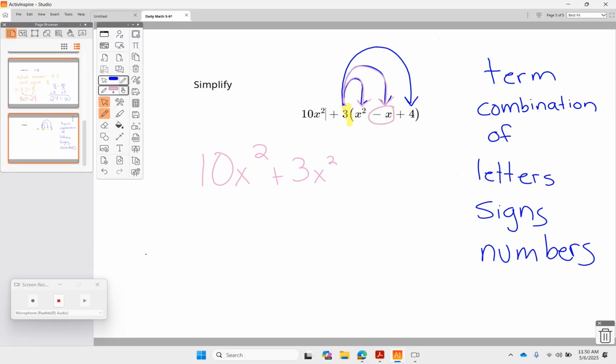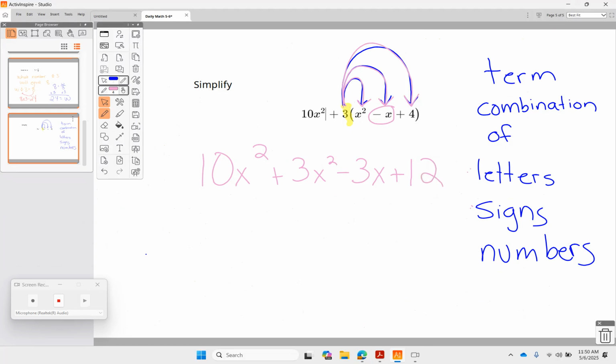It is letters, signs, and numbers. In this case, there's no number, but there is a sign, the negative sign, and a letter. 3 times negative x is negative 3x. And then I'm going to multiply 3 by the third term, which is 4. 3 times 4 is 12. So we've gotten to this point.